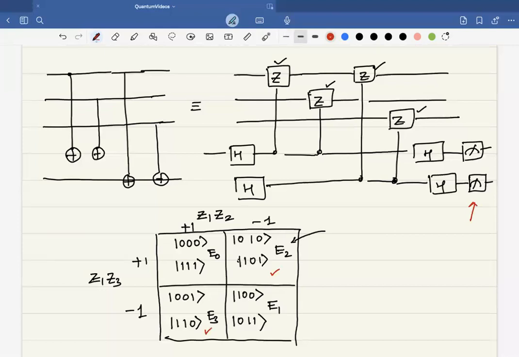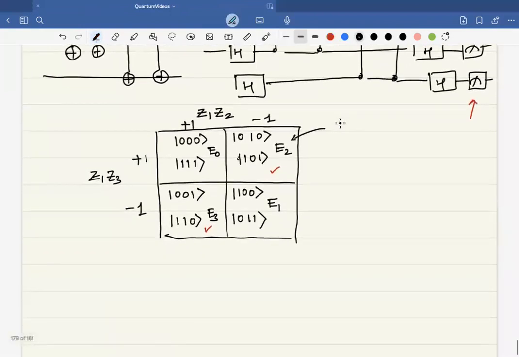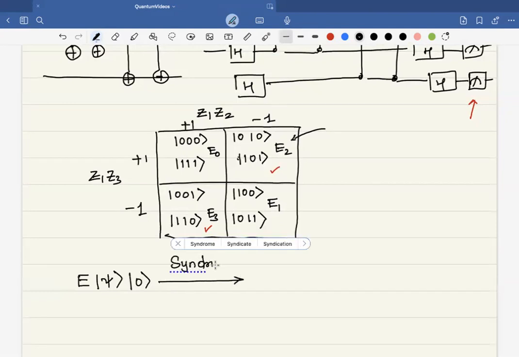And one can also show this in a slightly different way. So let's say an error is occurring, and then this is my ancilla bit. What does the syndrome extraction actually do?